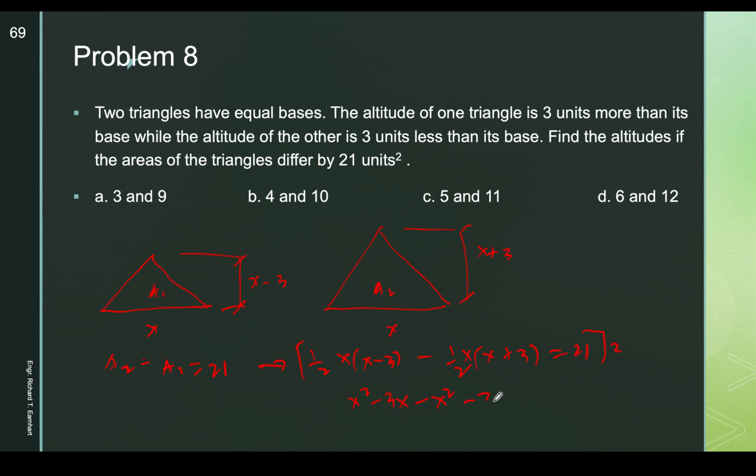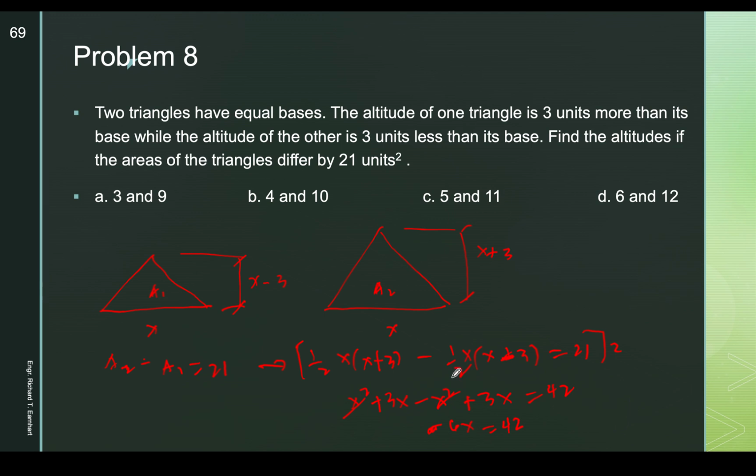x squared minus 3x equals 42. So this will cancel out. So negative 6x equals 42. What is it? Okay, this is plus pala, sorry. And this is minus, so plus 3x. This one pala, no, x plus 3. Okay, so we have 6x equals 42.